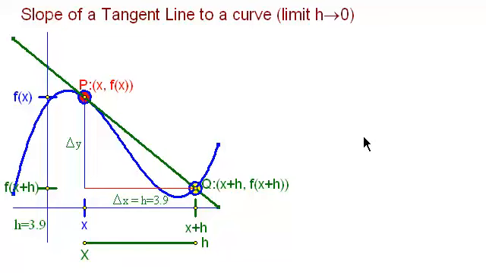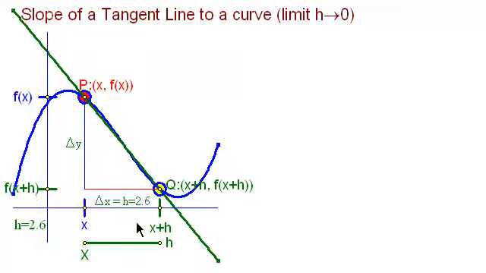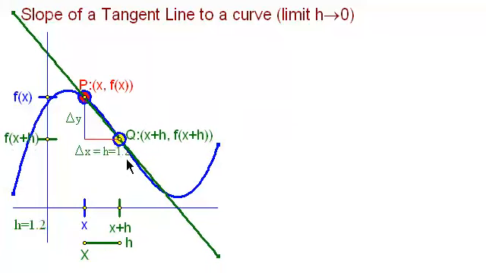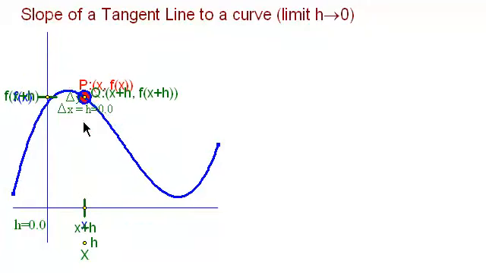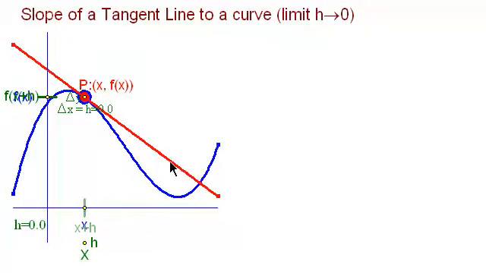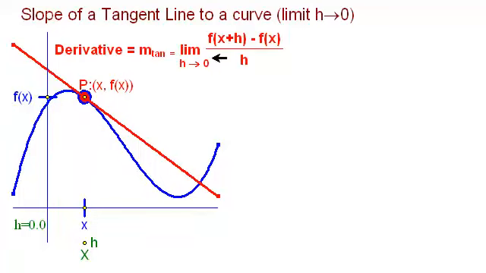This is how the definition of the first derivative is derived. So let us move this point, h point. As you can see, the value of h is reducing, and when it becomes 0, then the secant line becomes the tangent line, and we get the definition of the first derivative which is given here.